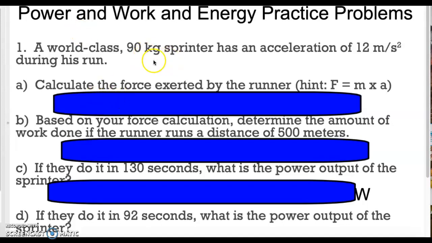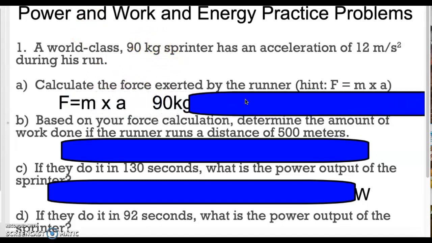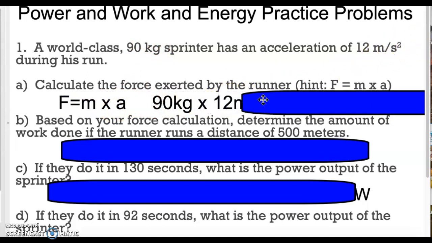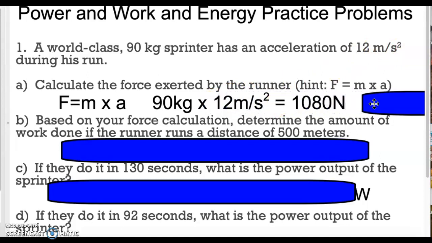Our mass is 90 kilograms, and our acceleration is 12 meters per second squared. So 90 times 12 gives you your force, which is 1,080, and remember it's newtons. We learned that last unit.